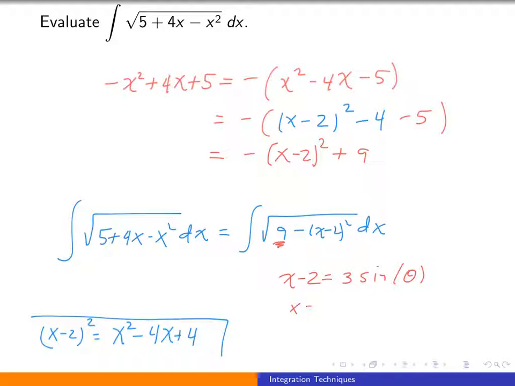That gives us x is equal to 2 plus 3 sine theta, so that dx is 3 cosine theta d theta. And what we've seen here is a common technique. If you have a random quadratic sitting underneath your square root, completing the square will allow us to apply a trigonometric substitution. So let's put this to work.